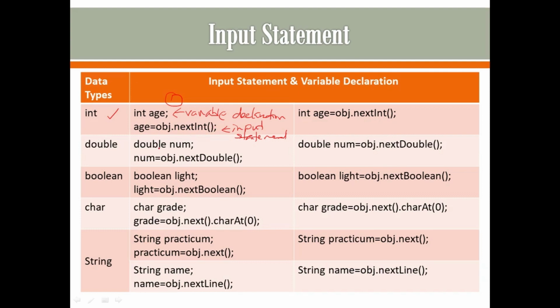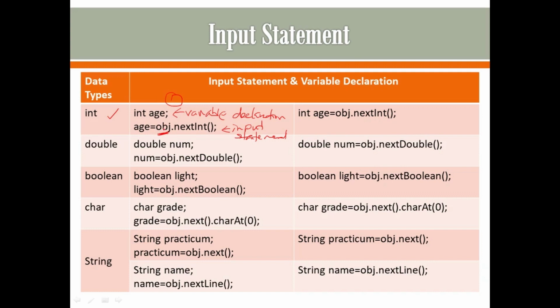Obj here is the object you create for your scanner. If you create sc, you use sc here. If you create obj, you use obj.